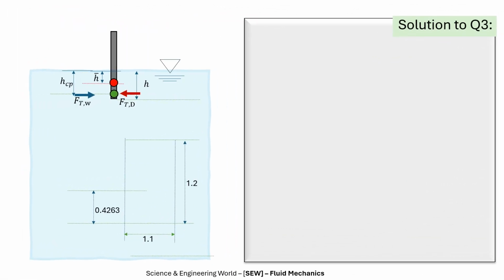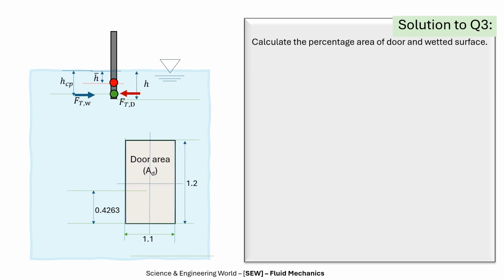In order to conclude on this question 3, it will be good to have the percentage of the wetted area to that of the door. So we can now see the car door on the left, and the wetted area, which is also part of the door now.